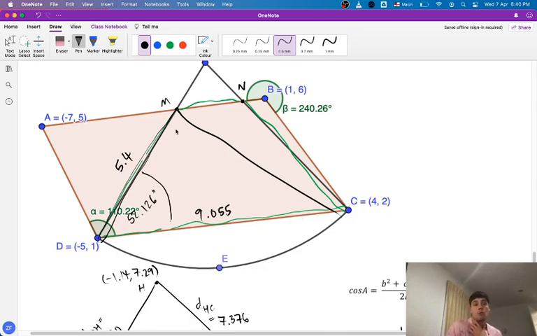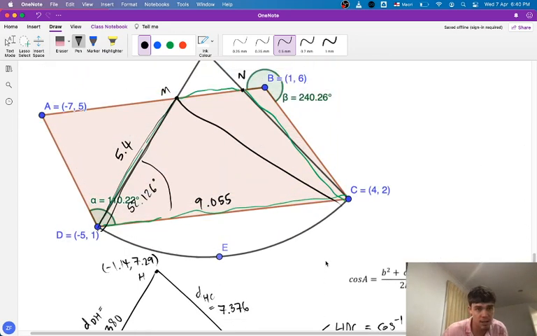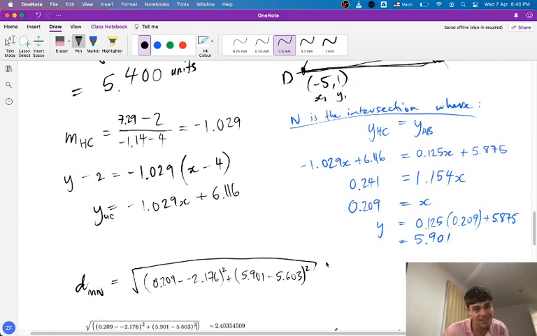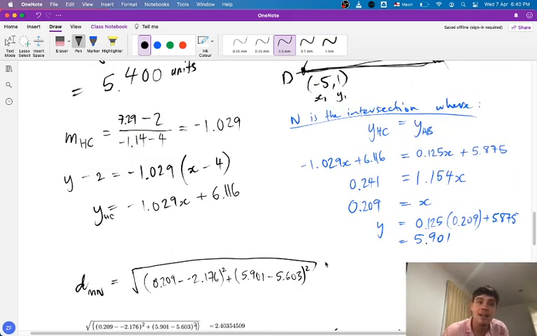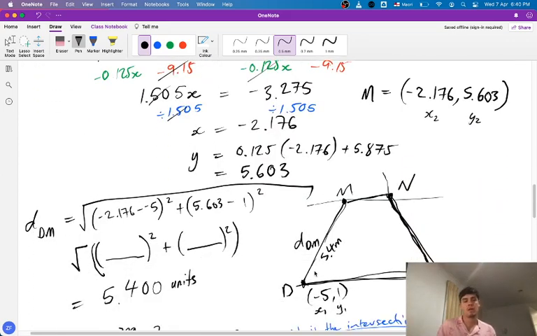We could now find the area of this part, but I think we're going to need the distance between M and C first. There is so much distance calculation in this, and I think it might be the same in the actual assessment. It's pretty rough. Distance MC. Did I not work that one out yet? No. Okay.